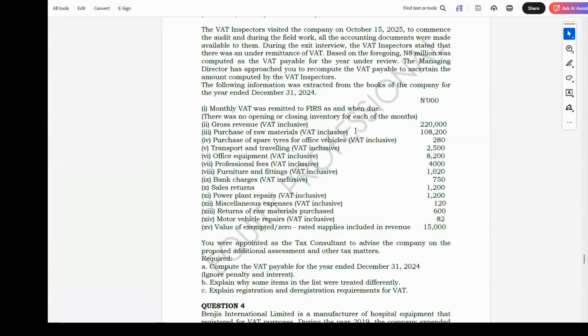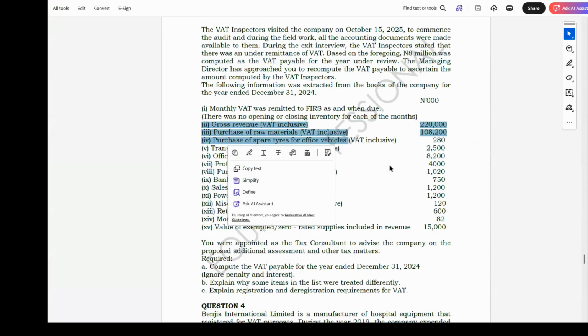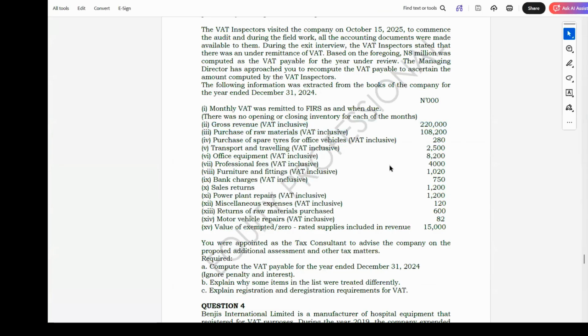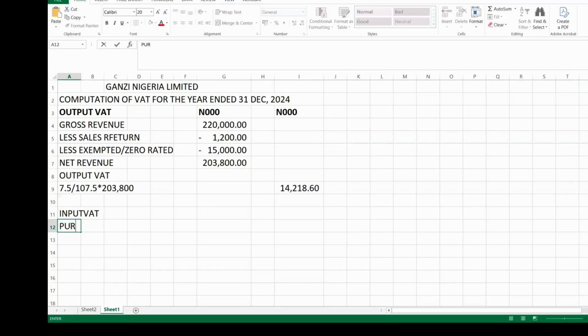What category of expenditure is this? Is it direct, indirect or capital expenditure? Purchase of raw material is direct expenditure. So you come here, purchase of raw material.